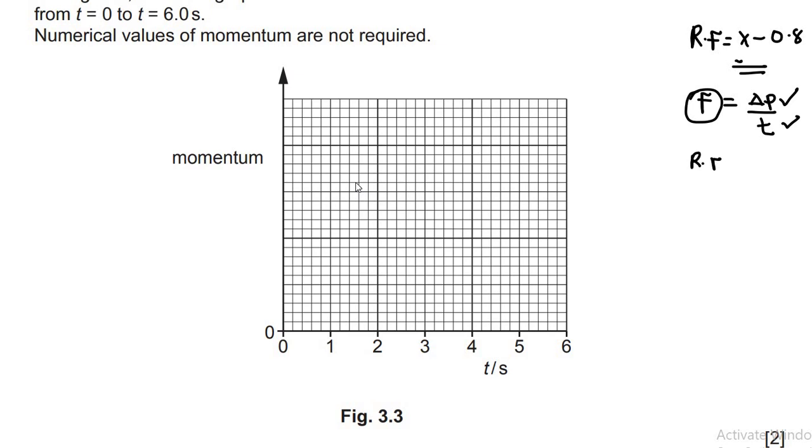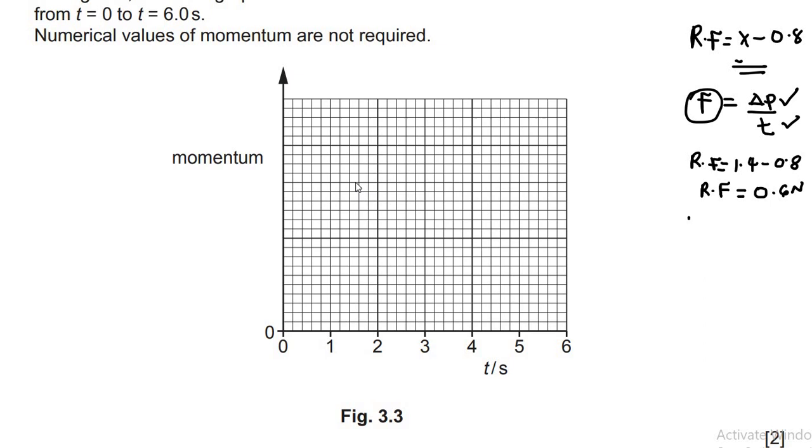So resultant force is 1.4 minus 0.8, so resultant force between 0 and 3 is 0.6 Newton.